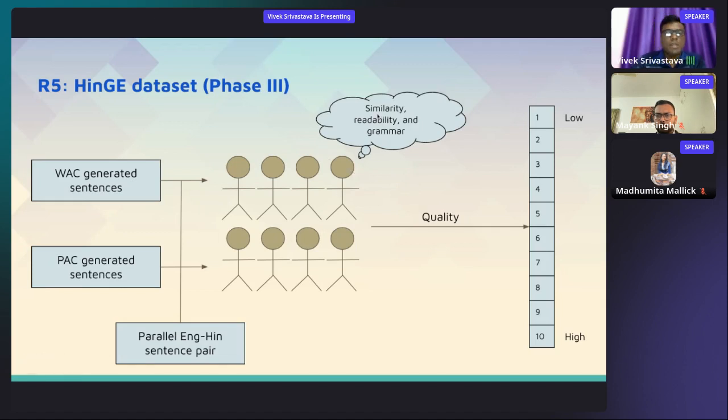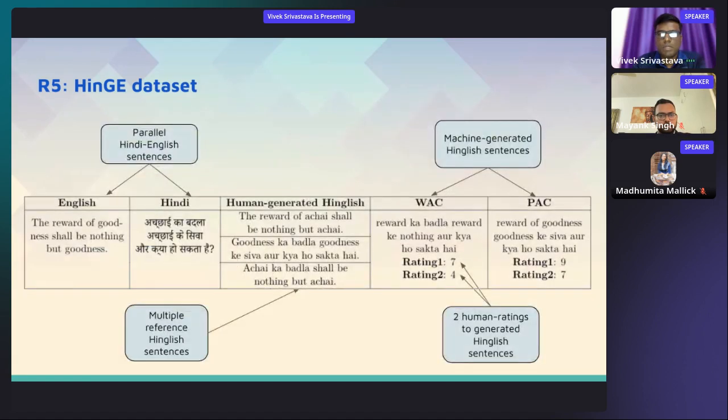What is the readability, how readable are the sentences that we have generated? And what is the grammatical correctness of these sentences? These are again qualitative things that they have to consider while doing this quality evaluation of the sentences. Again, the rating scale is 1 to 10. 1 represents a poor quality sentence being generated, and 10 represents a high quality sentence being generated.